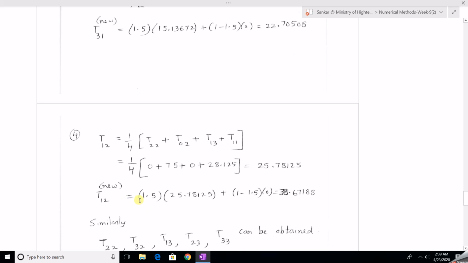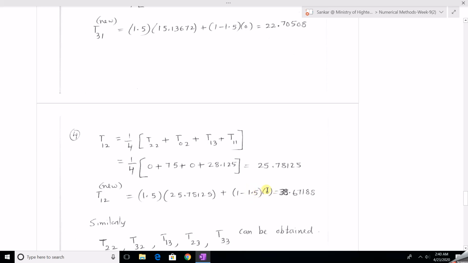T12 new is lambda times T12 new, plus 1 minus lambda T12 old. Lambda is 1.5. T12 new is just now we got 28.78125, plus 1 minus lambda, which is 1.5, times T12 old.